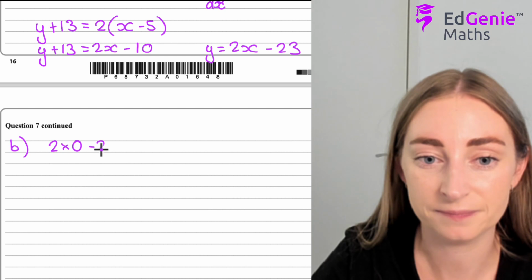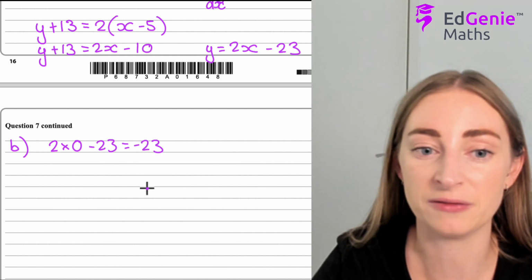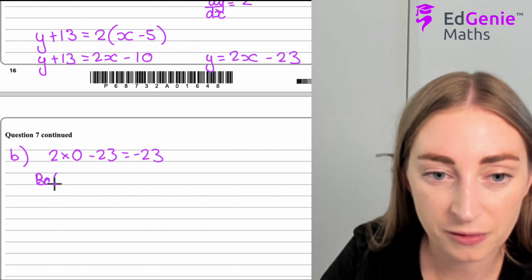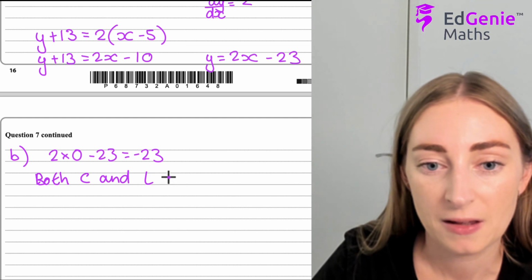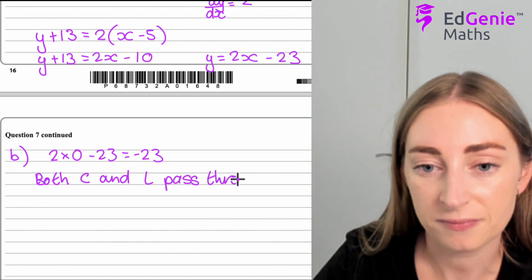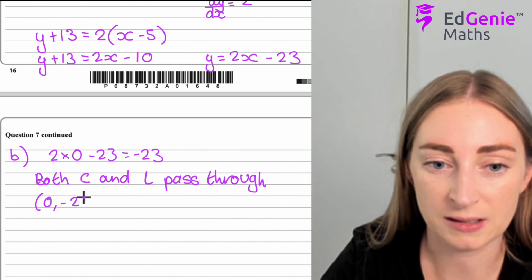Oh, it does. Okay, so therefore we verified. So now we can say both C and L pass through 0, negative 23.